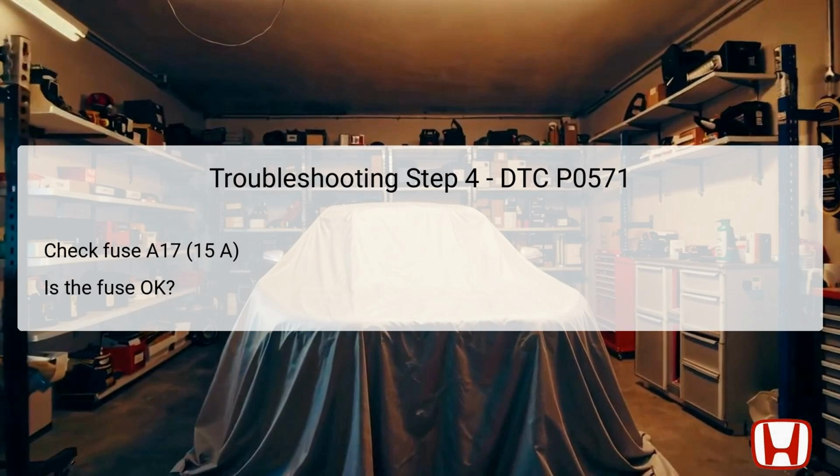A blown fuse can cause the brake switch not to function, leading to the problem signaled by DTC P0571. If the fuse is intact, proceed to step 5. If it is blown, a short in the wiring may need repairing before replacing the fuse with a new one to ensure everything operates correctly.